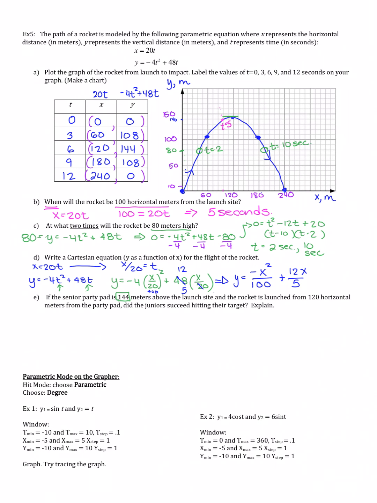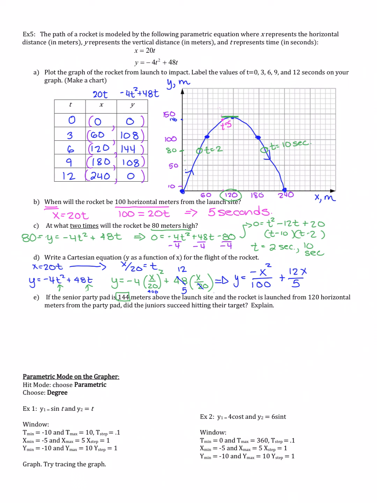So there is a senior party pad up here, 144 meters above the launch site, and the rocket is launched from 120 horizontal meters. So that's down here. And the juniors, that's their rocket trying to hit that senior party pad, and we want to know whether it actually hits it.